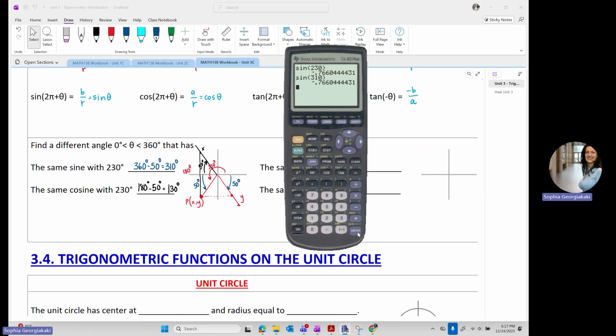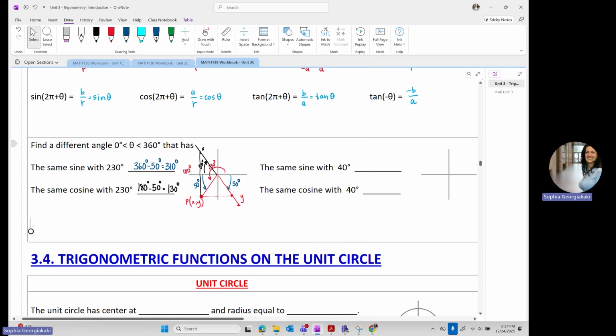It is negative, and it looks like it has the same decimal approximation. What's the cosine of 230? Again, I get this decimal approximation. What is the cosine of 130? And the answer is the same. So I think I figured it out correctly.